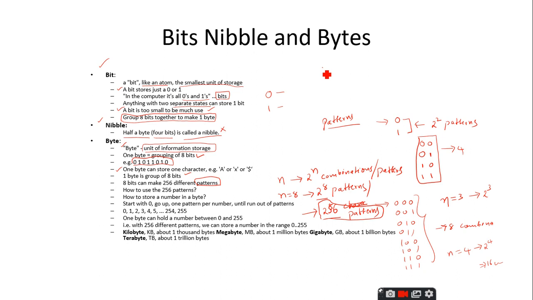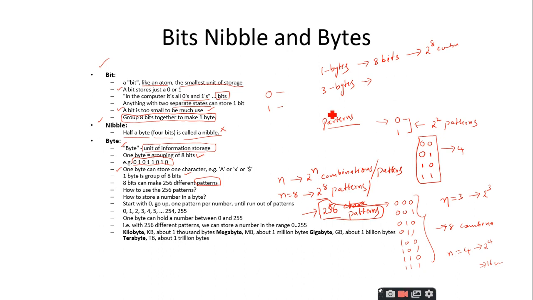So with 1 byte, how many combinations can you get? How you can solve this: 1 byte is equal to 8 bits. First you have to convert the bytes into bits, and then you have to use the formula 2 power n combinations. If somebody asks you the number of combinations you will get if you have 3 bytes, this is an example.